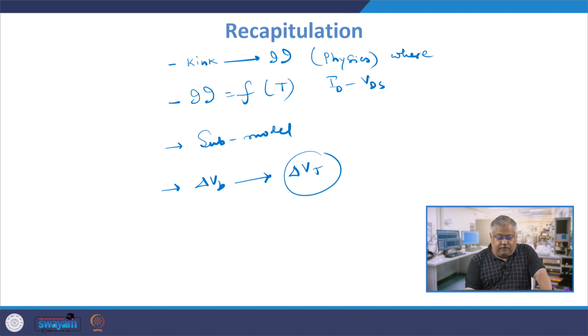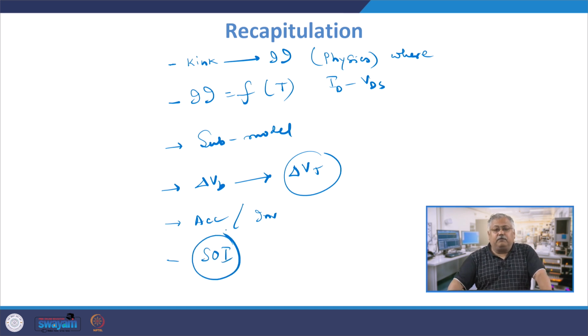We finally looked into accumulation mode and inversion mode IV characteristics, and finally ended up looking at one of the good replacements for bulk MOSFET, which is SOI devices, silicon on insulator devices, because of reduced kink effect and reduced variability in a sense.